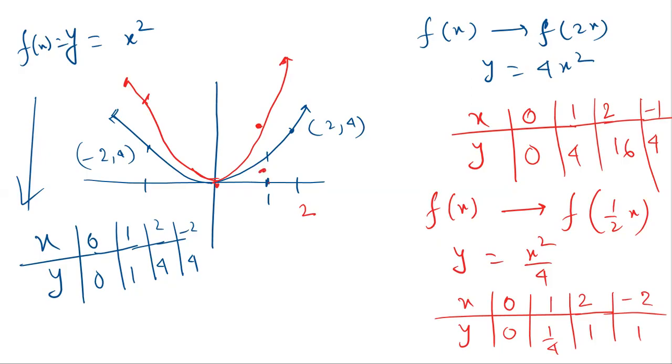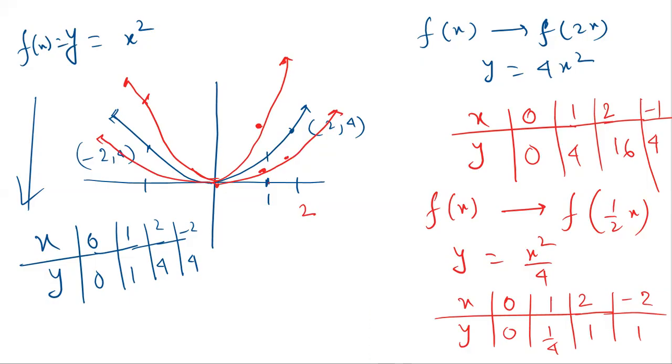For 2, this will become 1. So the graph will be expanded. Right? Like this, you have to draw the graph of this transformation.